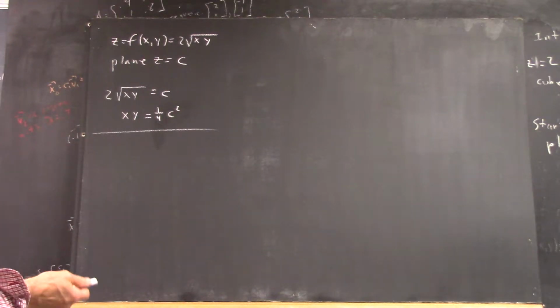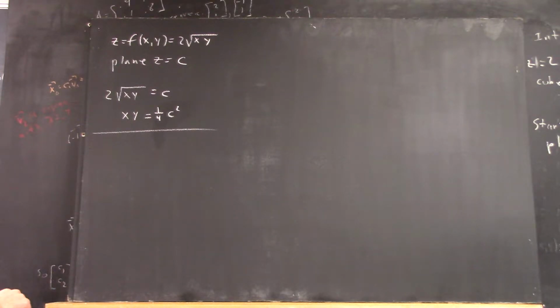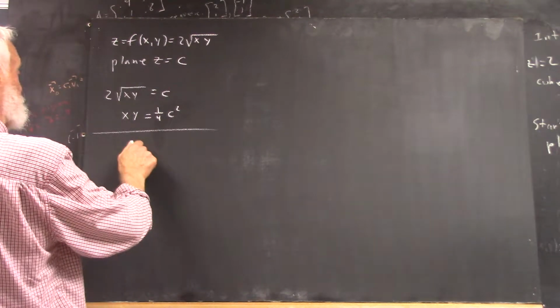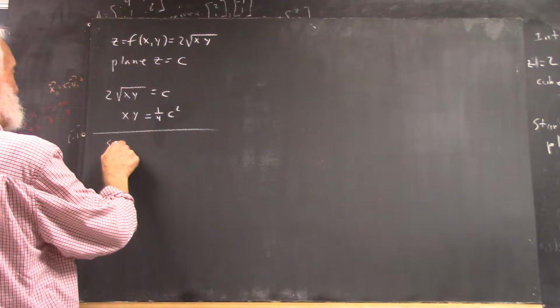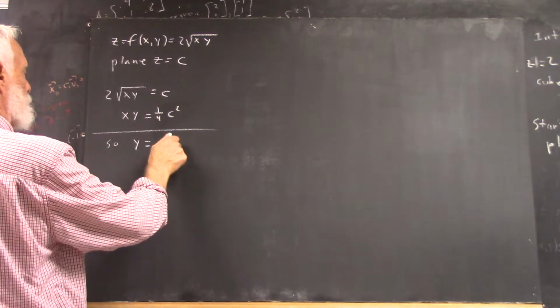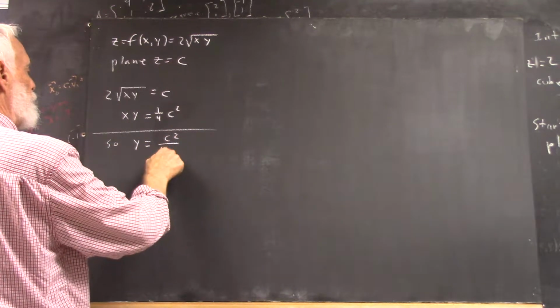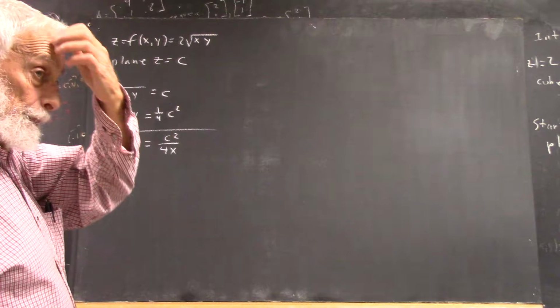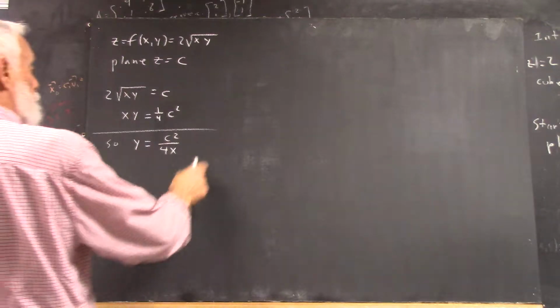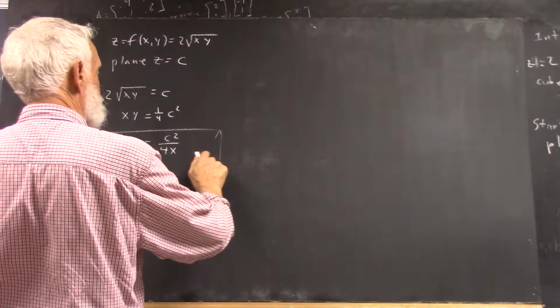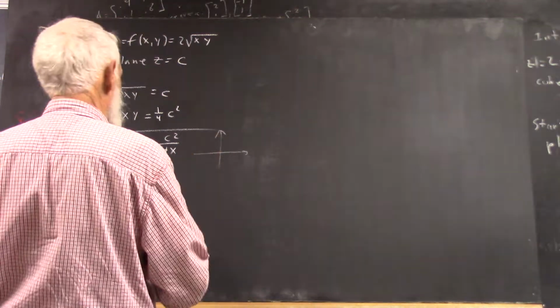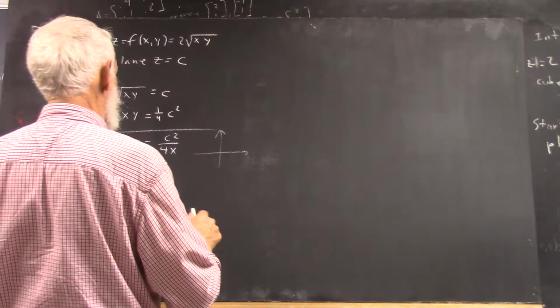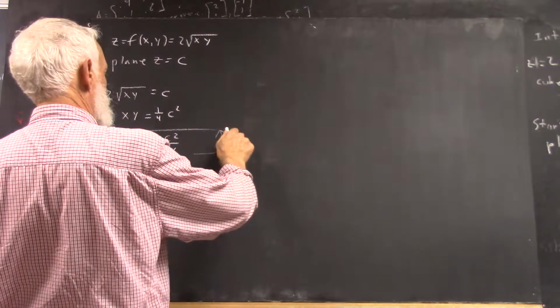Okay, so we have this, and of course, this is just a simple curve: y equals c squared over 4x, a simple hyperbola. And it's going to have a graph that looks like this.